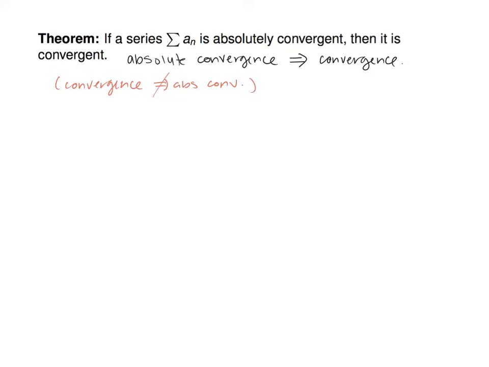So the first thing you do, and this is just, you're supposed to understand but not reproduce, observe that 0 is less than or equal to a sub n plus the absolute value of a sub n, which is less than or equal to 2 absolute value of a sub n. Do you buy that?